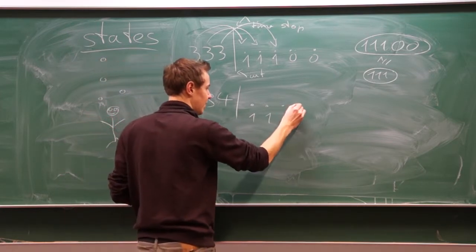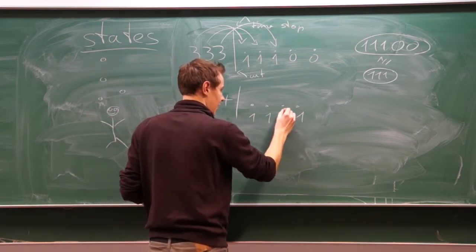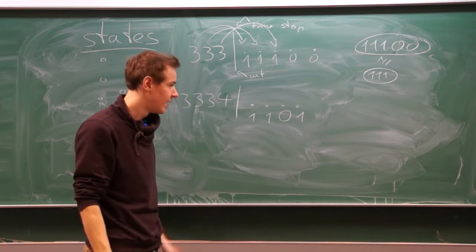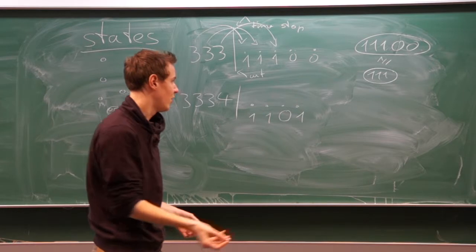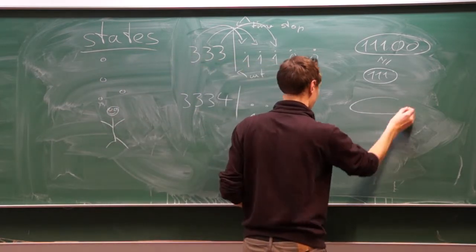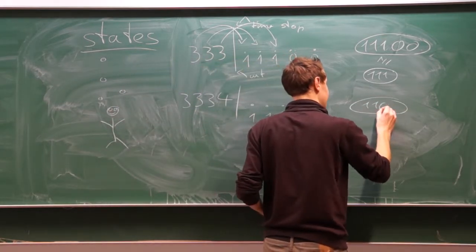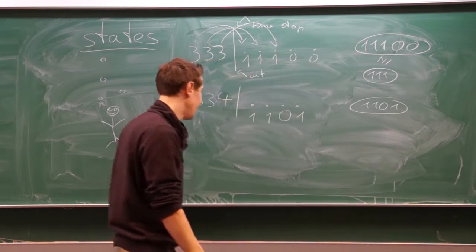I throw to this beat here, which is then 1, and create a gap. There's nothing happening at this beat. So I'll call the state 1, 1, 0, 1.